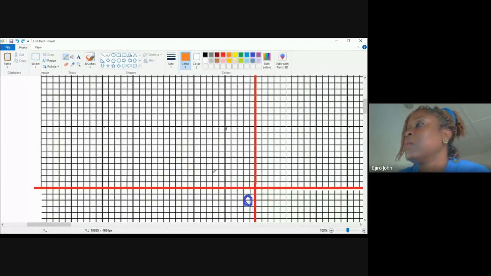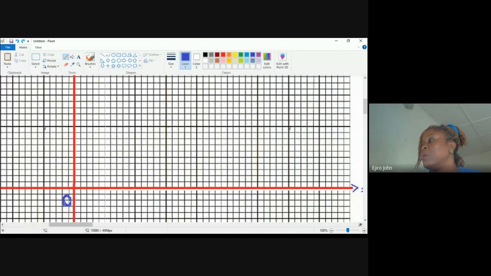Okay. So now we're going ahead to label, because you have to label your graph accordingly, according to what is on your table. So we know that our range on our table for the x-axis is what? Minus 9 and 11. So we'll label.